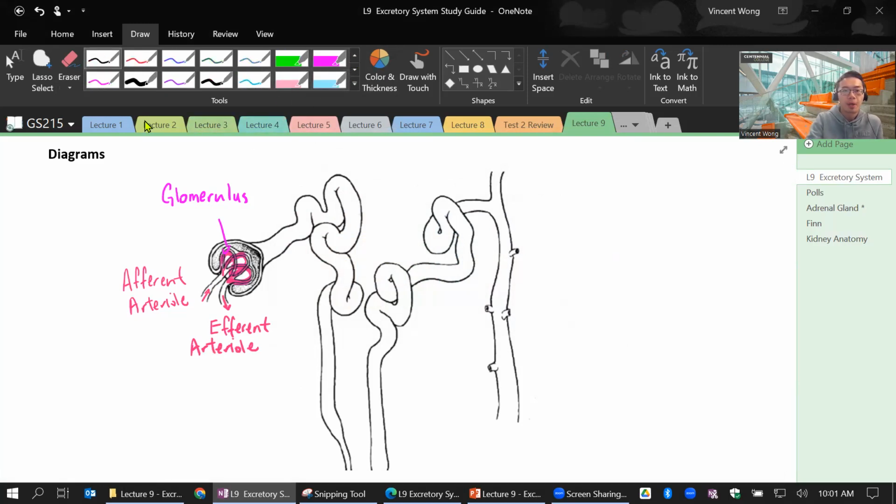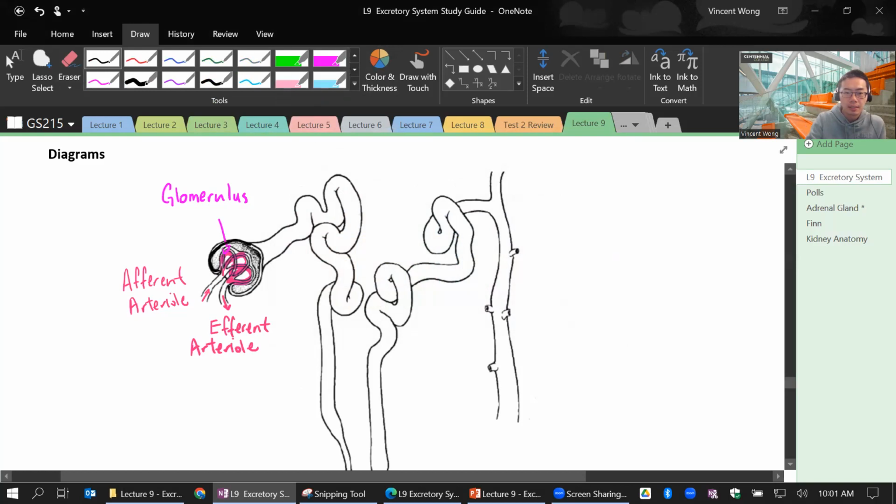So this first part is the Bowman's capsule, or the glomerular capsule, depending on what you read, depending on the textbook.